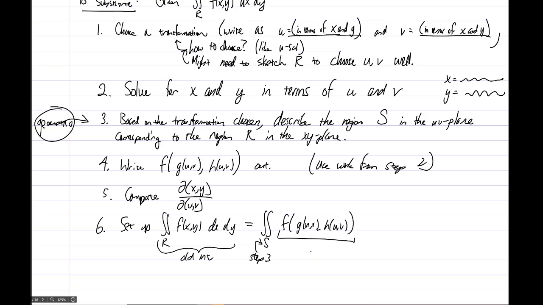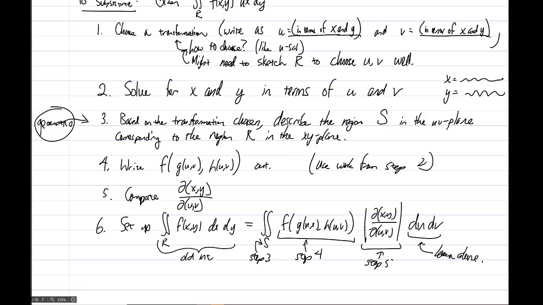And so this part here comes from step 4. And then we had the Jacobian, so partial derivative of x and y with respect to u and v. And so this comes from step 5. And then you just need to write here a du dv. Okay, and just leave this alone. Just copy that there. Right, because your integral should end with a d something and a d something.